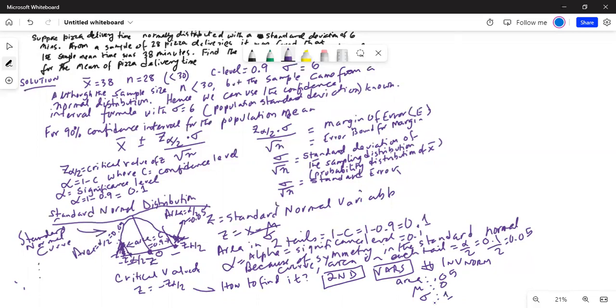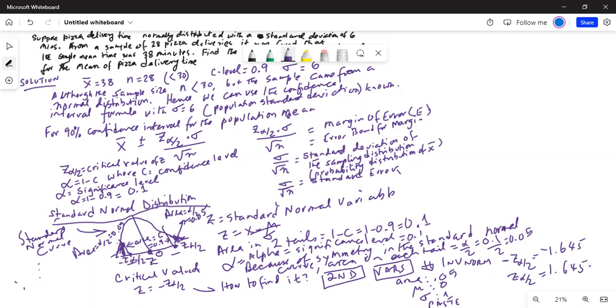Then scroll down to Paste, hit enter and enter twice. So bottom line, minus z alpha by 2 is minus 1.645. By symmetry, z alpha by 2 is without the negative sign, 1.645.